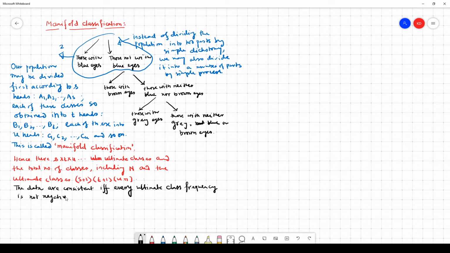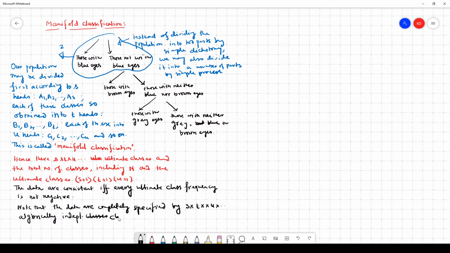Note that the data are completely specified by S T U algebraically independent class frequencies.